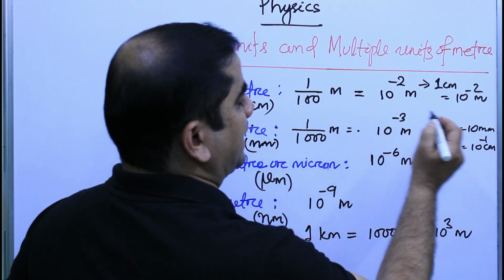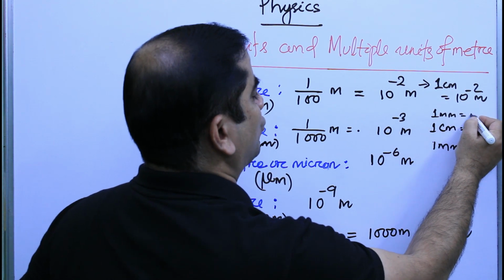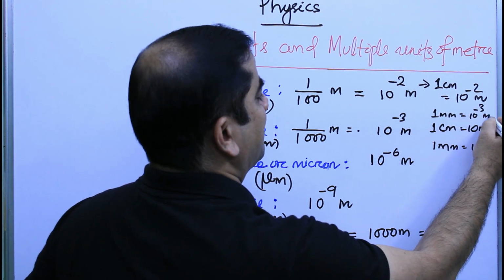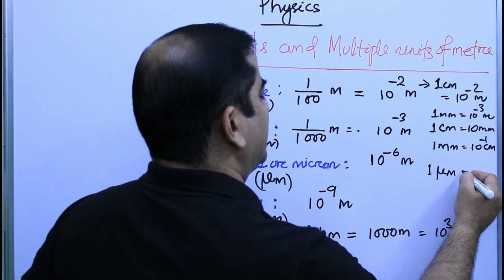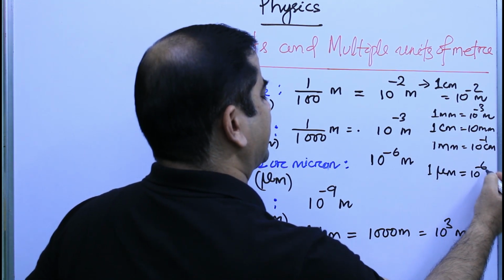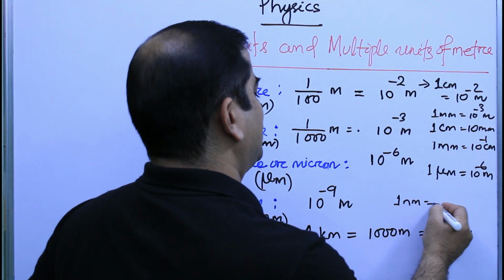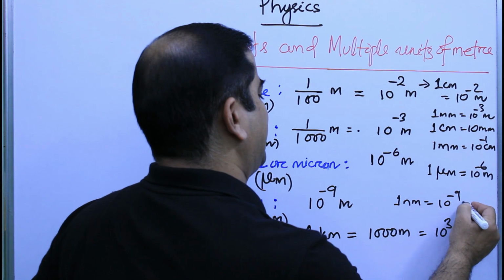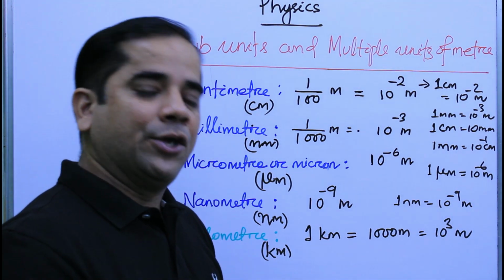Same way, 1 millimeter is equal to 10 to the power minus 3 meter. 1 micron is equal to 10 to the power minus 6 meter. 1 nanometer is equal to 10 to the power minus 9 meter. So these are the ways to represent the units.